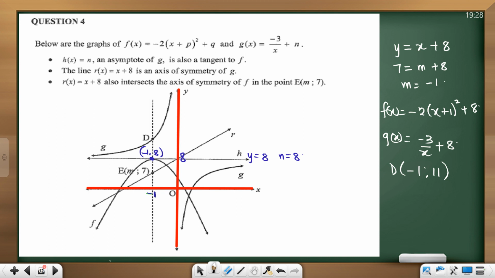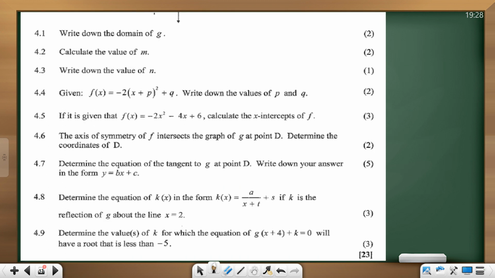What is your vertical asymptote, X equals what? 0. What about the equation? Minus 3 over X. So X is an element of real numbers, but X should not be equal to what? 0. Beautiful. Guys, we did that already, right? Can we start moving? This is done. Make sense?